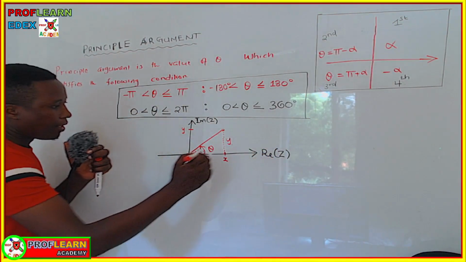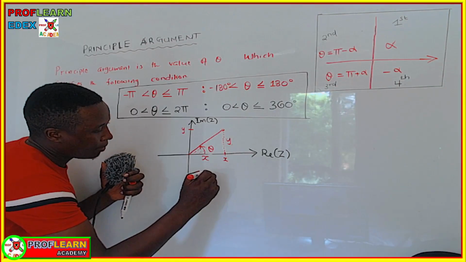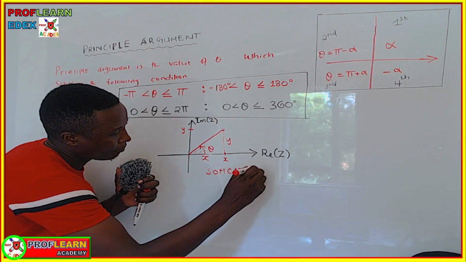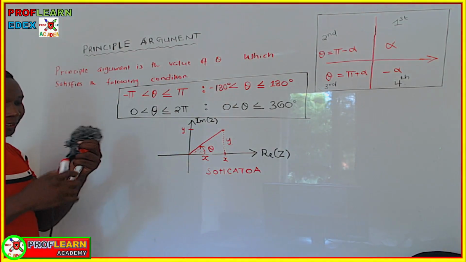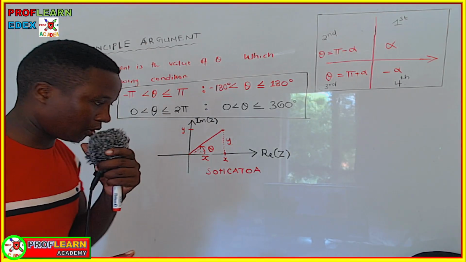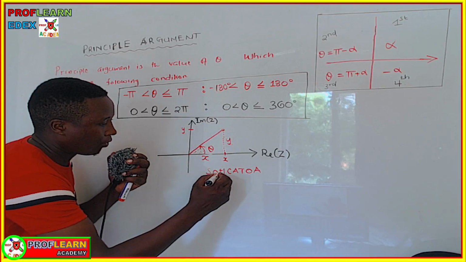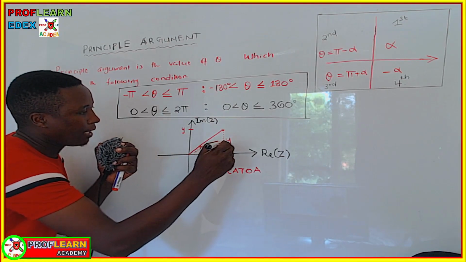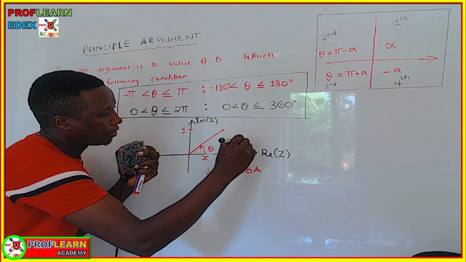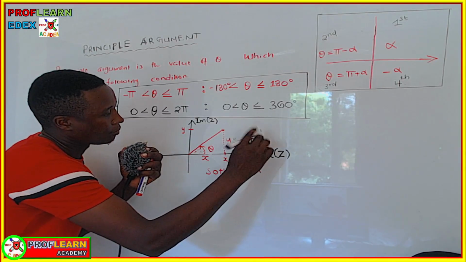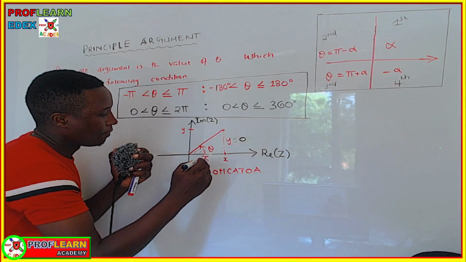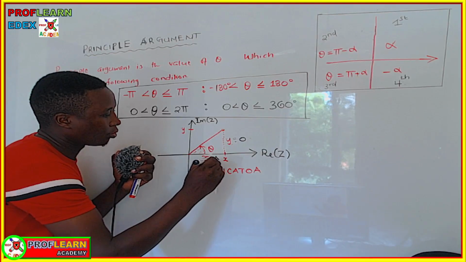Then now, in order to find this angle, remember we can use SOHCAHTOA. This is the part that you learned in trigonometry in year 8. That's where it was introduced. Then we're going to say, therefore, in order to find this, this is opposite, and this is adjacent.